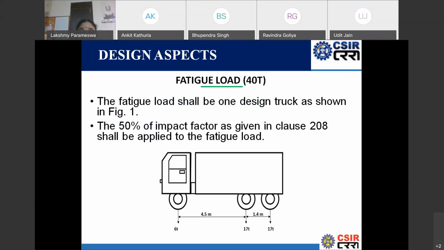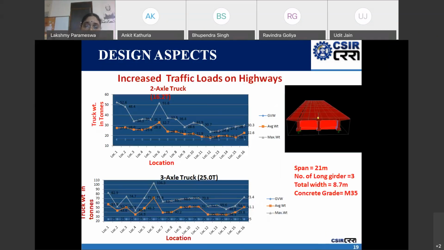The fatigue vehicle we have here is a 40-ton vehicle, and this has been arrived at based on the research done at CRRI. And here, the traffic axle load spectrum has been used in arriving at the fatigue vehicle. So this is being used by the designers, steel and concrete bridge designers, for checking the fatigue aspect of the bridge.